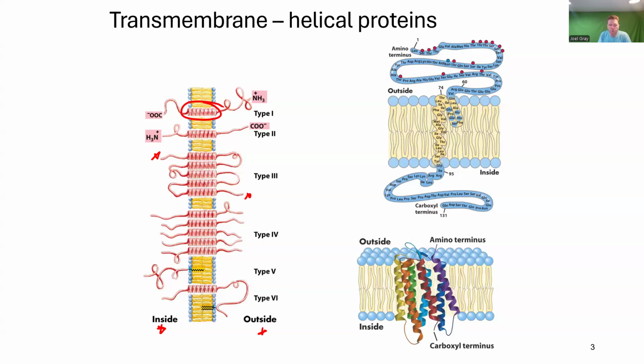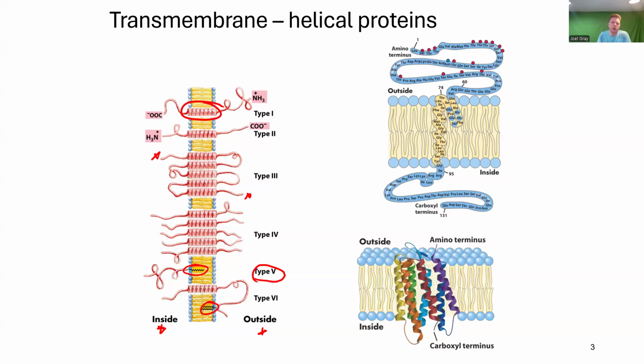Your type 4 proteins are going to be multiple polypeptides that aggregate together with their N termini and C termini on various sides, but they're all going to be multiple different polypeptides. Type 5s have a lipid linkage that affixes them to the membrane. Type 6 is a protein that has a single alpha helix and a lipid linkage that sticks in that membrane.